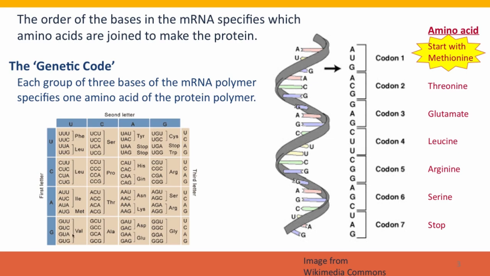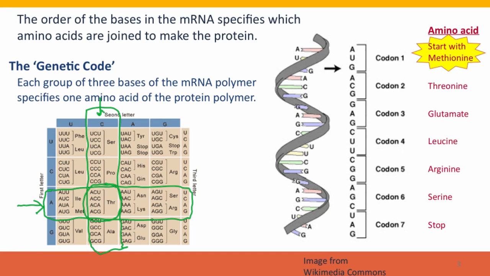Here's an example of a typical genetic code table where this row shows all the codons that start with A. This column shows all the codons whose second letter is C, and then this box is all the codons that start with AC, and any of the four third position bases all specify threonine. That's not always the case, but it is in a number of cases. And you'll see the importance of this when we talk about mutations in Module 2.